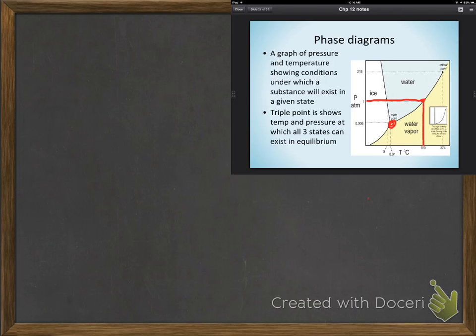What is it? So you can look on the graph. 100 Celsius, which is the what point of water? Boiling point. That's the boiling point of water. And that's exactly what we would expect. At standard pressure, water at 100 degrees is going to go from liquid to vapor.